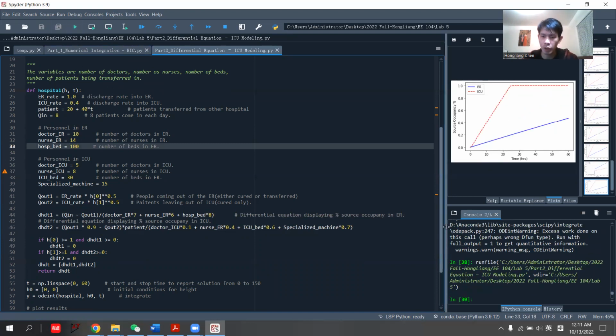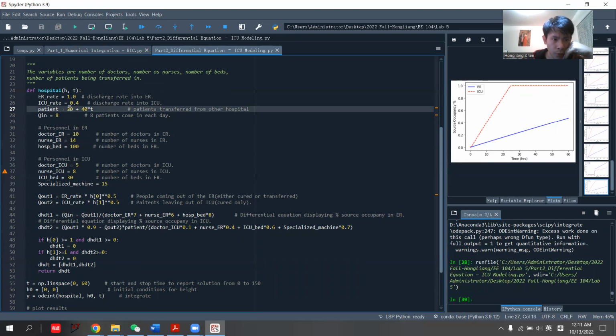Let's check this part. For 80 people, not much is changing. If I keep sending more people, it doesn't change much.